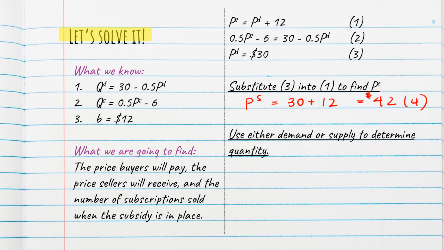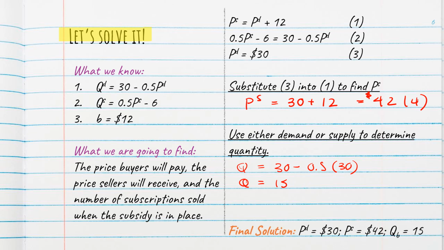At home, you can test out using the supply curve, and I guarantee you'll get the same quantity. So the quantity sold when the subsidy is in place is 30 minus 0.5 times 30. 30 minus a half of 30 is equal to 15 units. So we have our final solution. Buyers pay 30, sellers receive 42, and 15 units are sold.